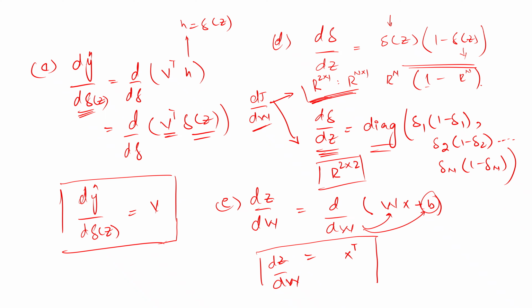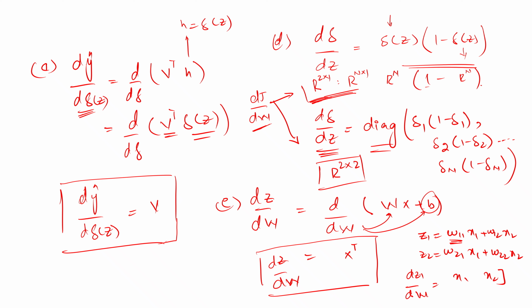Let me explain why. If you recall, we had z1 equal to w11 x1 plus w12 x2, and z2 equal to w21 x1 plus w22 x2. When we differentiate this with respect to the weights, we obtain the derivative of z1 with respect to the weights, so we get x1 and x2 in this form.